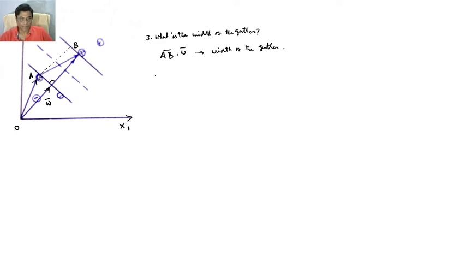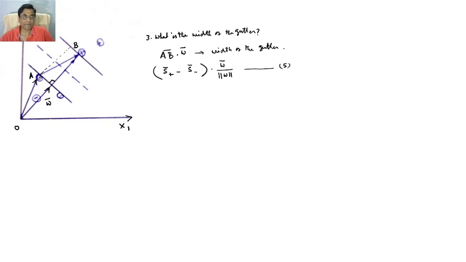So in terms of my support vectors, this is actually the width of the gutter.